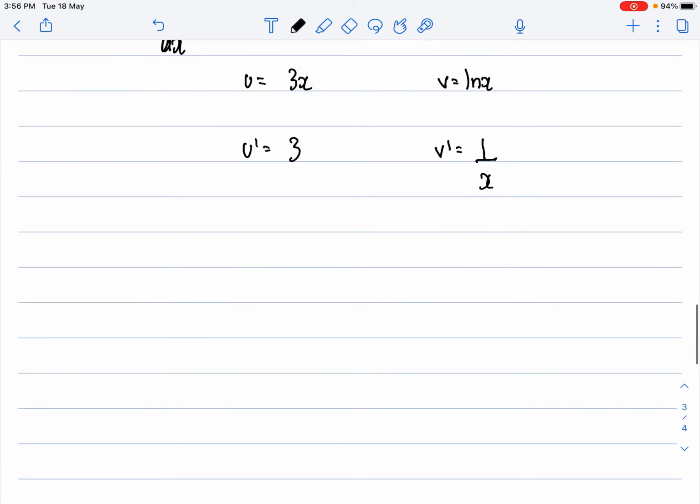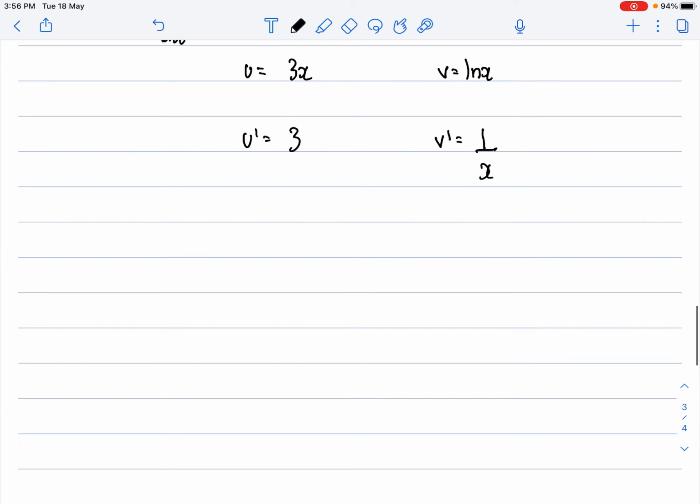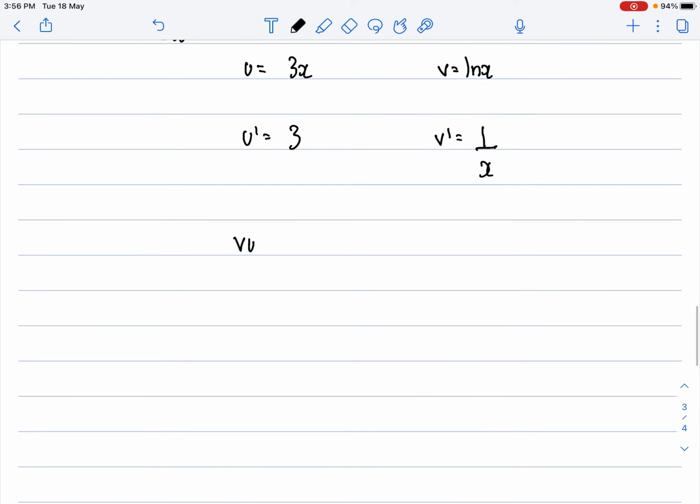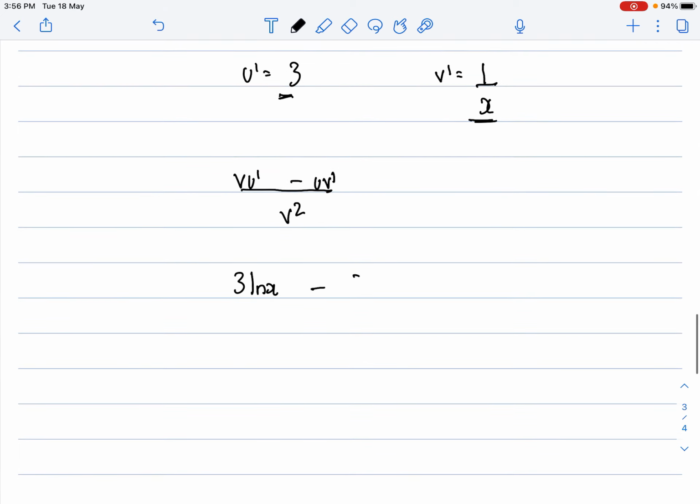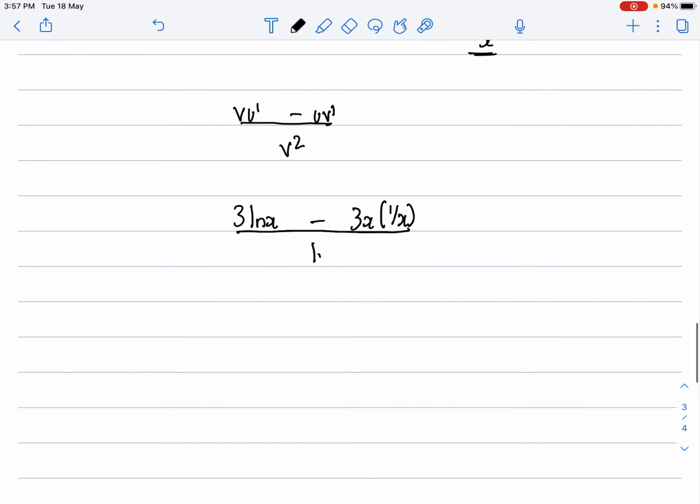The formula I use for the quotient rule is simply v u dash minus u v dash over v squared. So v u dash means 3 ln x, v into u dash, minus u v dash, which is 3x into 1 over x, over v squared, which is ln x the whole squared.